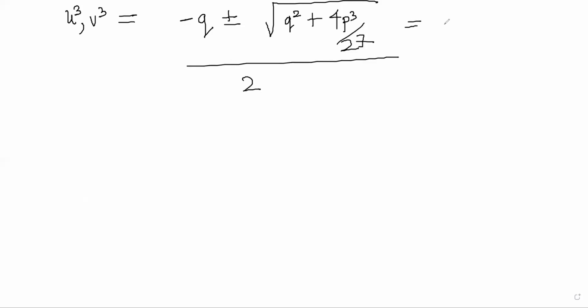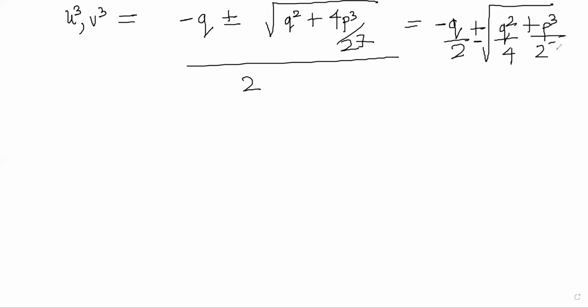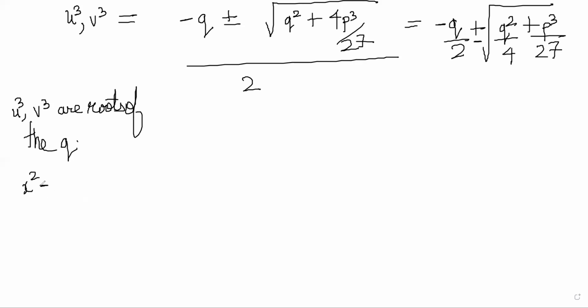So this can be written as minus q by 2 plus minus root over q square by 4 plus p cube by 27. How are we getting this? Because we saw that u cube and v cube are roots of the quadratic x square plus qx minus p cube by 27 is equal to 0.